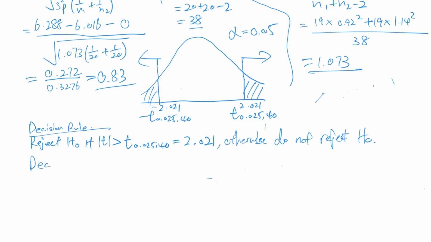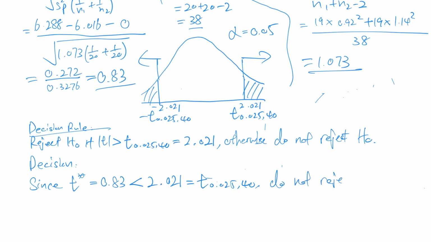And the decision is: since our t star is 0.83, which is less than our critical value t 0.025, 40, do not reject H0 at a significance level of alpha equals 0.05.